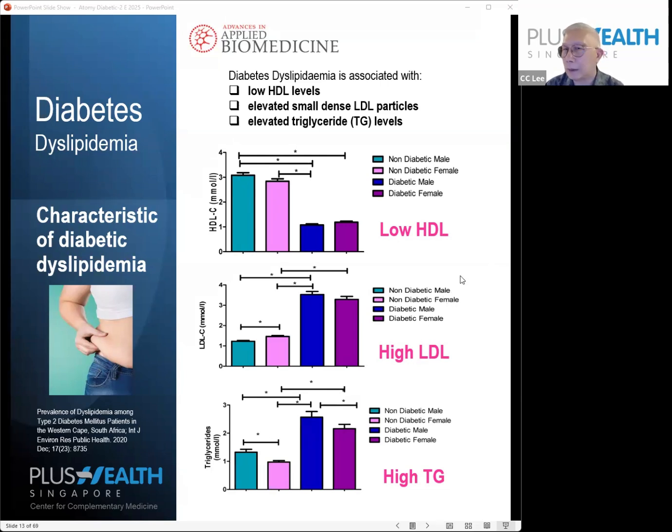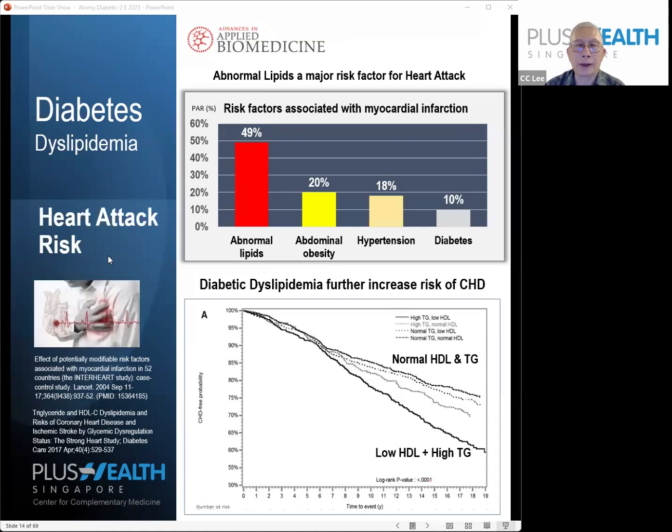So now, why is this a very concerning and serious condition? When we look at the risk factors associated with heart attack, why do diabetic patients suffer from such a high risk of heart attack? One of the reasons is here. This study showed that abnormal lipids account for 45% of the cause of heart attack, compared with all the other risk factors like obesity, hypertension, and diabetes, which is high glucose level.